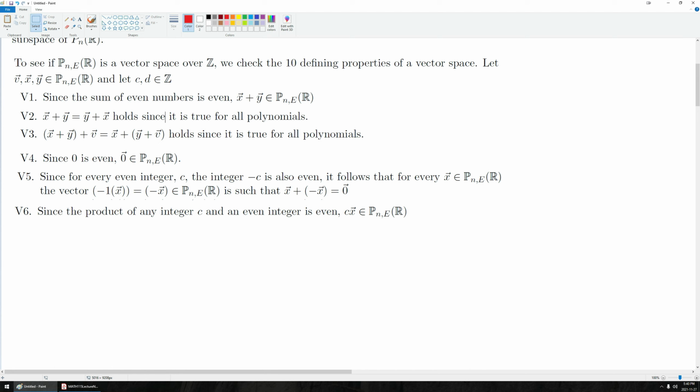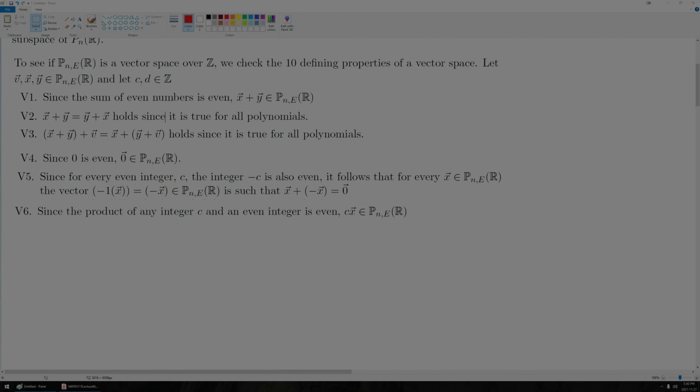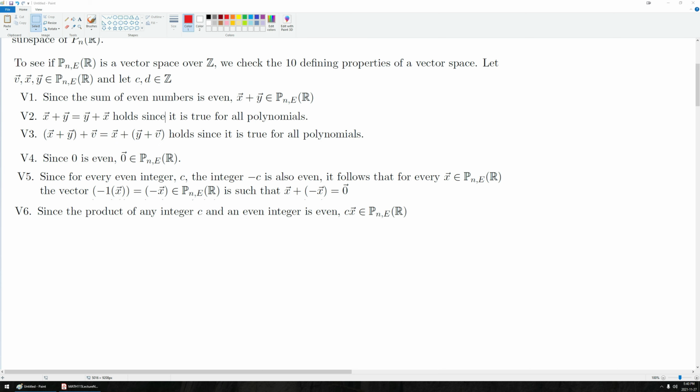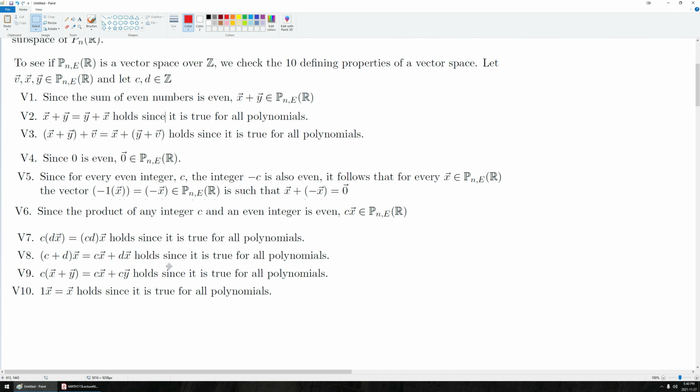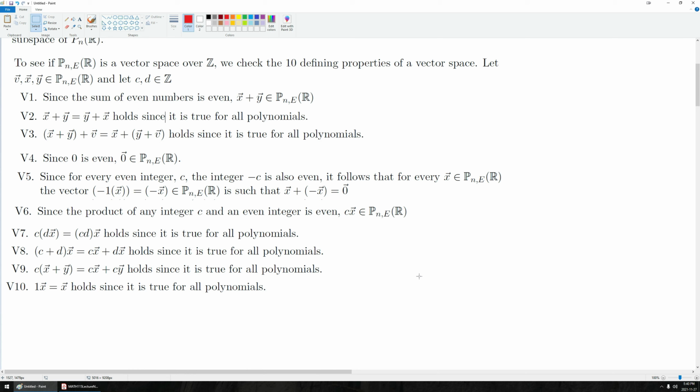Okay, that's nice. Now for v7 through v10, all of these actually follow trivially since they hold for any polynomial that you want to pick. It has to hold for the even polynomials. So just notice here, this one I had a little bit of work to do because I need to show that this set was closed.